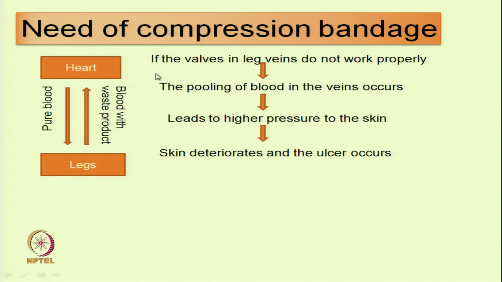If the valves in the leg veins do not work properly, pooling of blood in the veins occurs, leading to higher pressure on the skin, and the skin deteriorates and an ulcer occurs. This is the basic principle of ulcer formation.